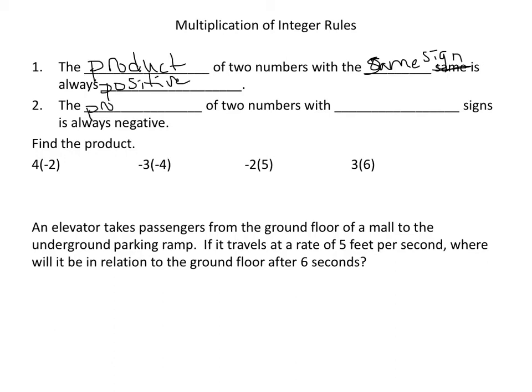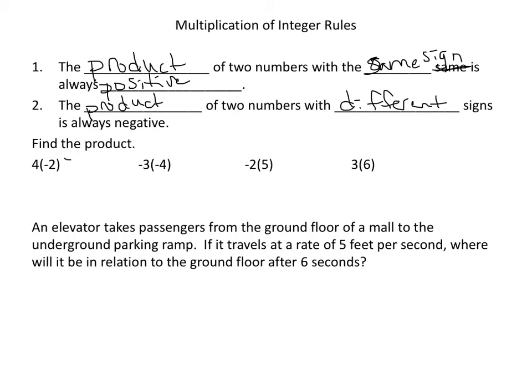And the product of two numbers with different signs is always negative. So really we're going to multiply just like we normally do, and then we're just going to look at the signs and see if there is a negative sign or not.